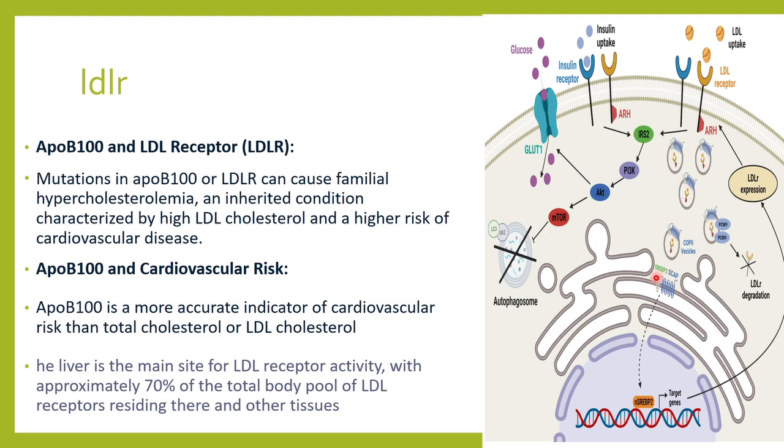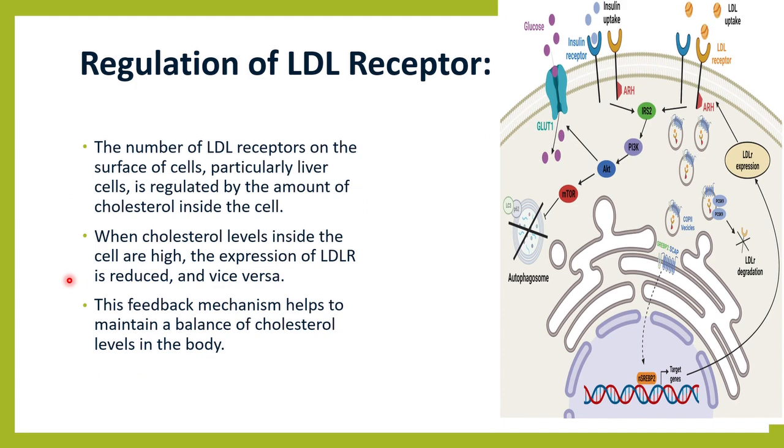A mutation in both this ApoB100 and the LDL receptor can cause familial hypercholesterolemia, which I have already told you. ApoB100 is thought to be a more accurate indicator of cardiovascular health than the total cholesterol or LDL cholesterol. So sometimes we even do ApoB100 as a test. I have also told you that the majority of LDL receptors are present in the liver.